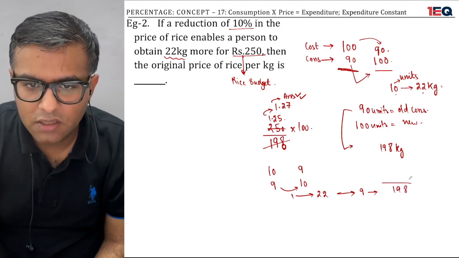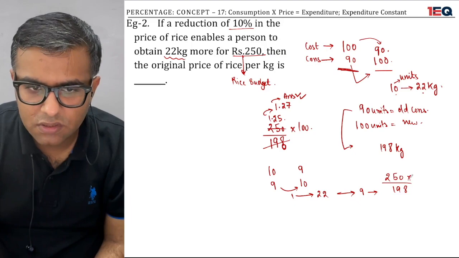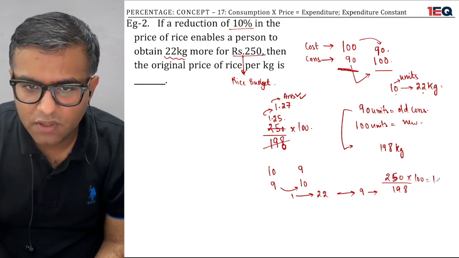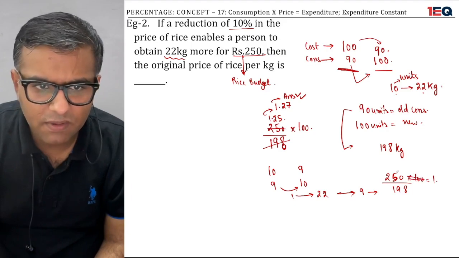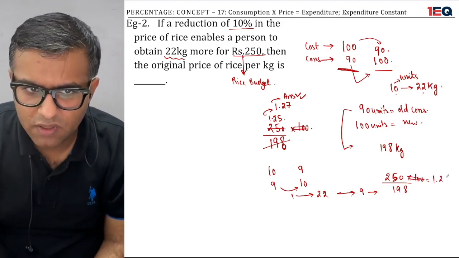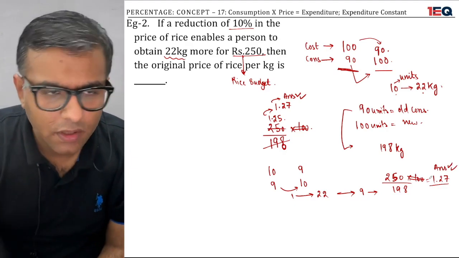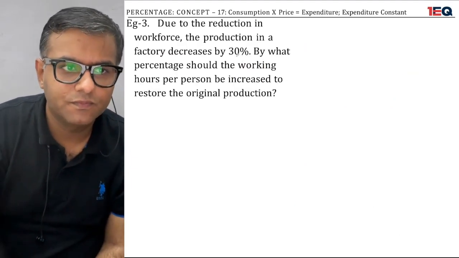The 198 kg was being bought for 250 rupees. What is the original cost? The original cost is multiplied by 100. No, no, no, no. There is no need of multiplying it by 100. This is not percentage, this is cost. So 1.27 is the answer. Okay? Any problem? Moving on.